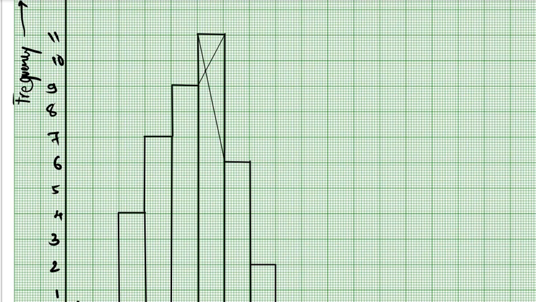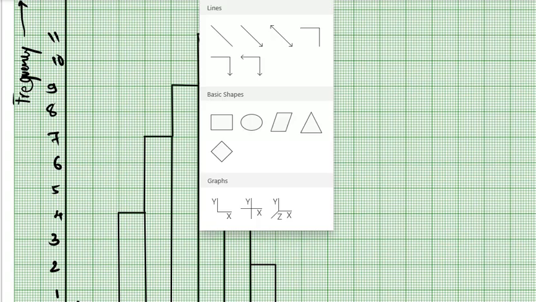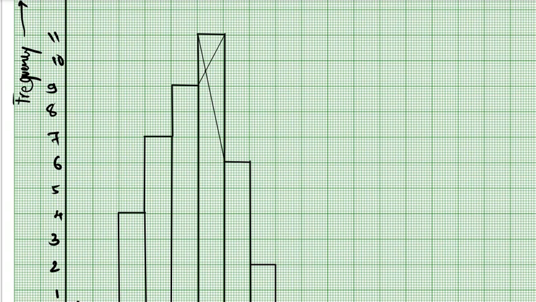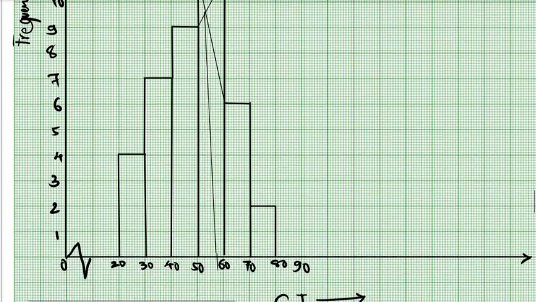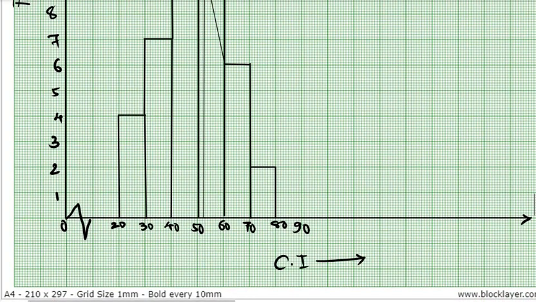From this point, you have to draw a line perpendicular to the base, that is x-axis. Perpendicular to the base means it will start from this point. Exactly. Yeah. And it will go down. The line will go down.